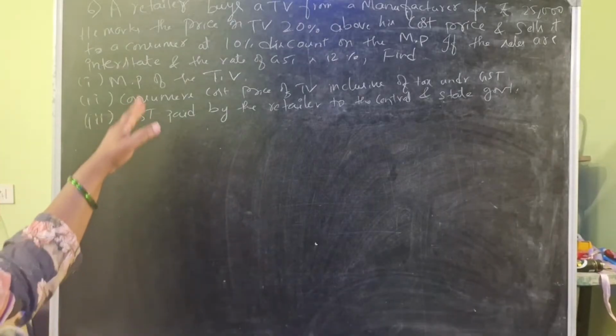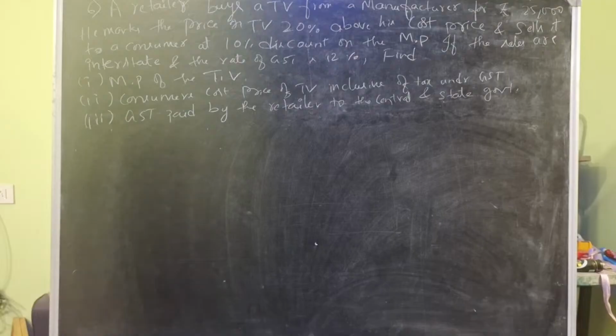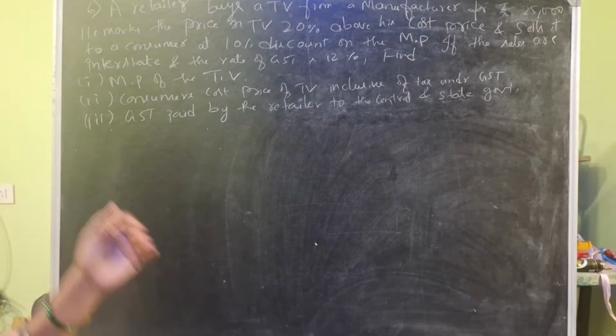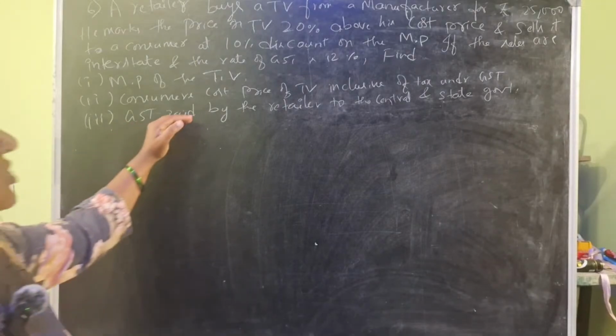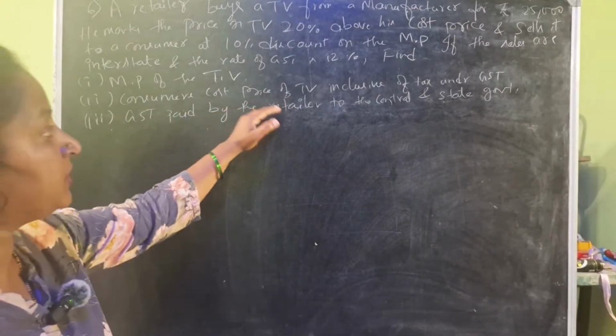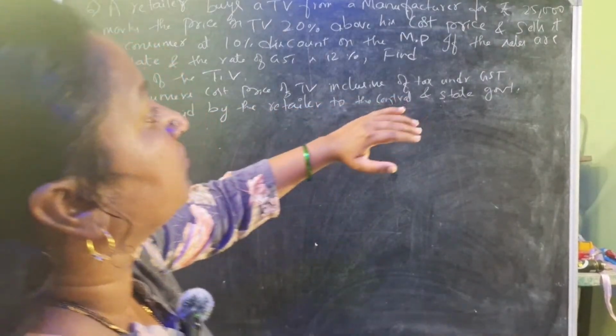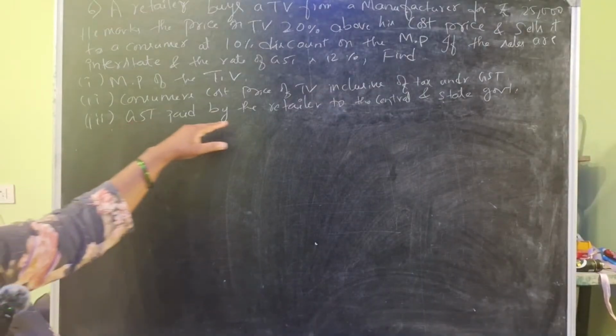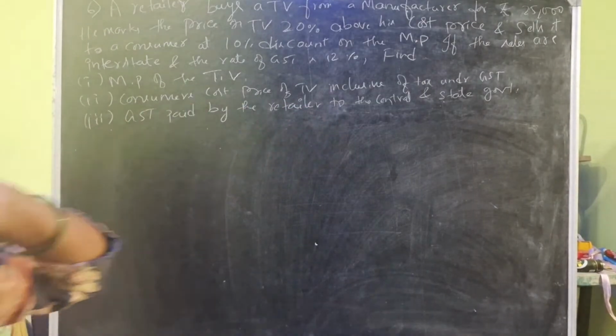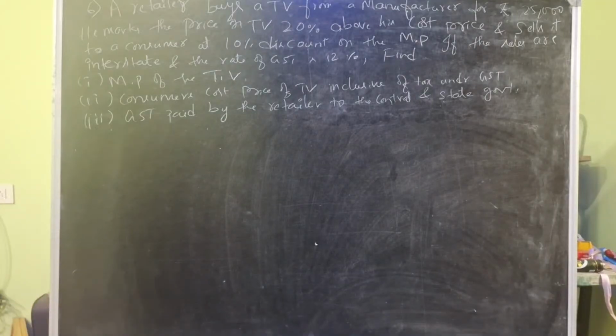If the sales are interstate, here the sales are between different states. Find the market price of the TV, the consumer's cost price inclusive of tax, and the GST paid by the retailer to the central and state government.